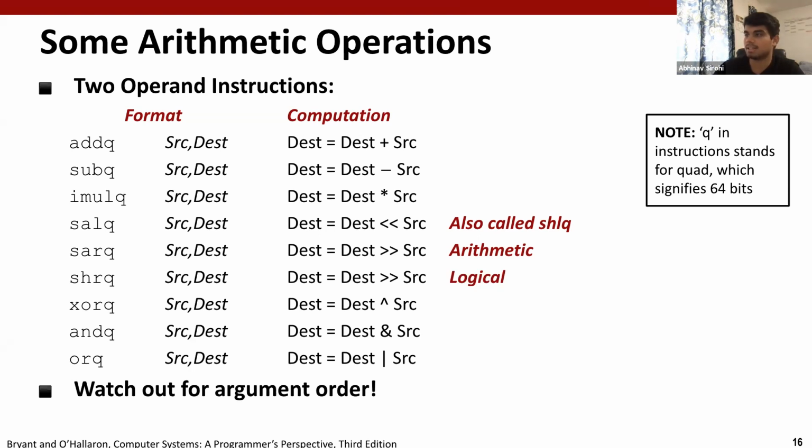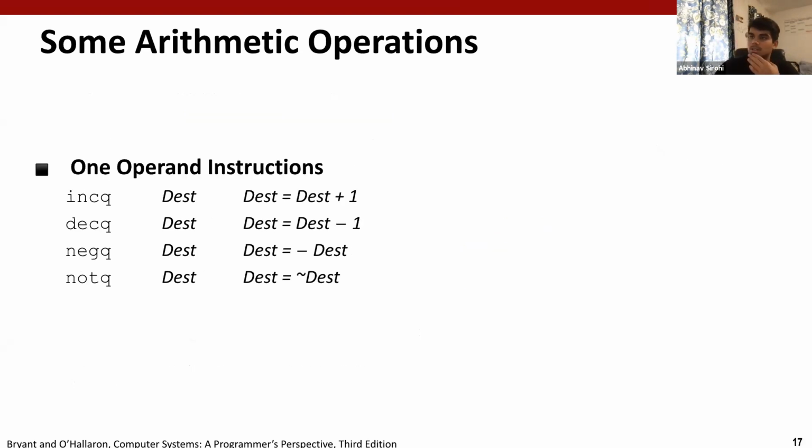Something you definitely need to look out for is argument order. Make sure you input your arguments in the correct order, because the source and destination really matter. We also have these other operations: increment and decrement, which just add one or subtract one, and the negation, which takes the negative.